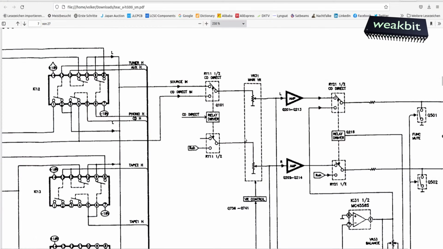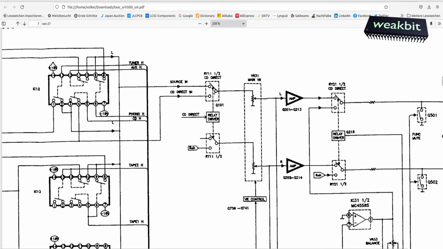Here we are on the amplifier, the Teac. You can see here are the amplifiers and the switchers. CD direct is switching here to this input. That means CD direct switches directly to the input.